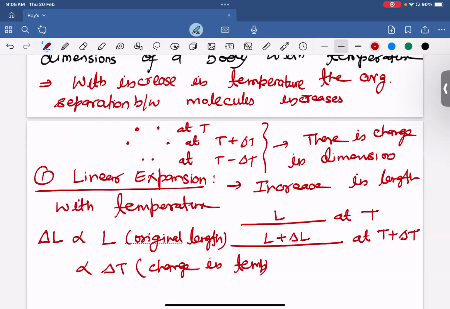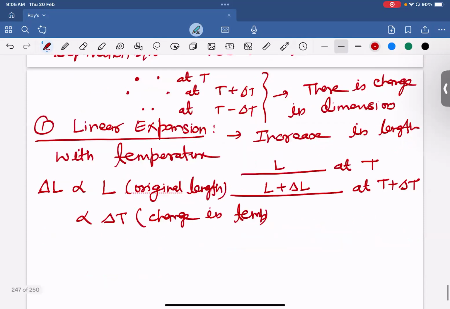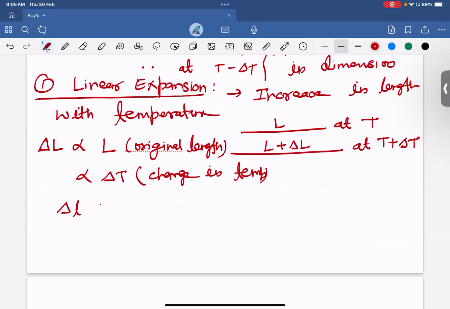If I combine these two, then delta L is proportional to L delta T. So if I put a proportional constant, that is alpha, delta L equals alpha L delta T.